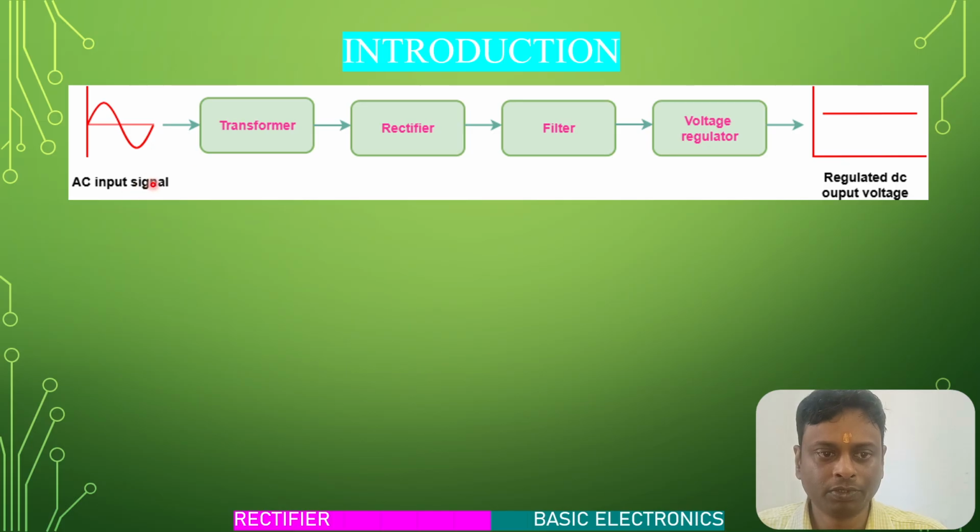We have an AC input signal that is passed through a transformer, then a rectifier circuit, then a filter circuit, then a voltage regulator. The output of the voltage regulator is a regulated DC power supply, the constant DC supply. We'll see one by one the output of the transformer, rectifier, filter, and voltage regulator.